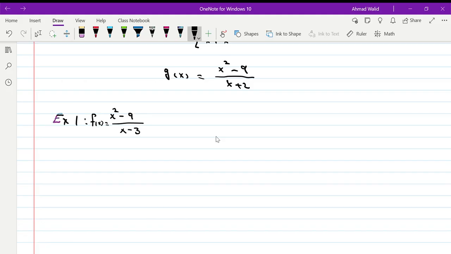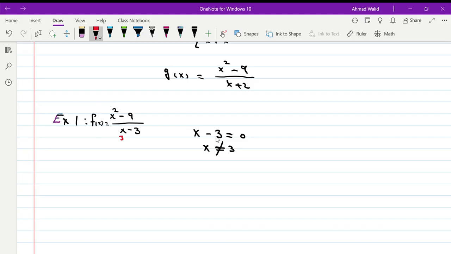They are asking you to find the domain of this function. What I do immediately, I'll set my denominator equal to 0. And I will solve it. X minus 3 equals 0. It means x equals what? 3. And I will use this sign. X cannot take 3 because if I plug in 3 in the denominator, you see 3 minus 3 gives me 0. The denominator shouldn't become 0, correct?